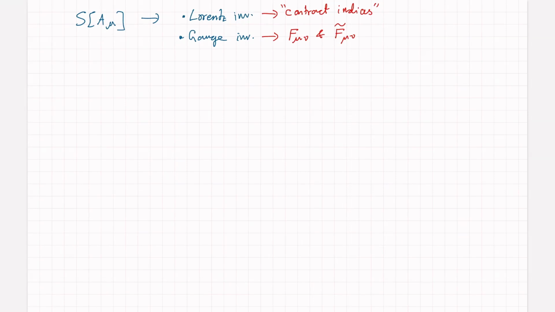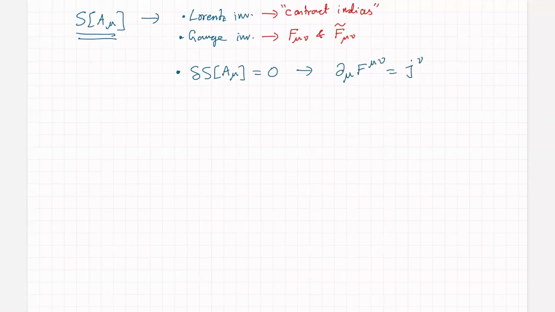Of course, the action is still a functional of A, but if I can write the kinetic terms in terms of F_mu nu and F tilde mu nu, since these are invariant, it would guarantee that the action is also gauge invariant. And then, of course, finally, we cannot forget that once I have constructed this action, if I vary it to get the Euler-Lagrange equations and set them equal to 0, I should get my inhomogeneous Maxwell's equation, which was this.